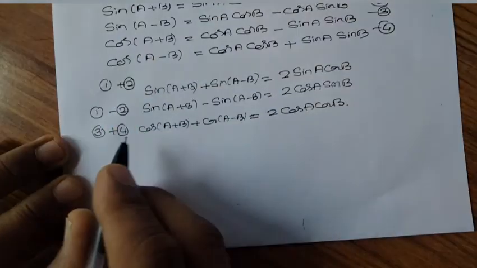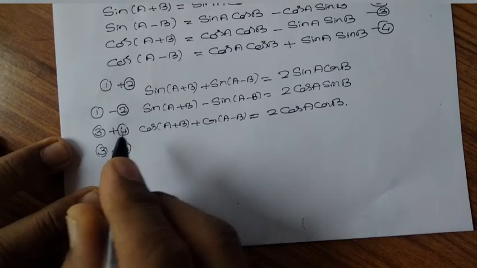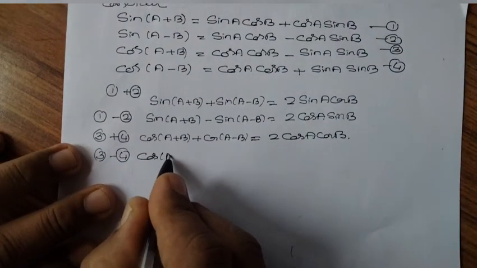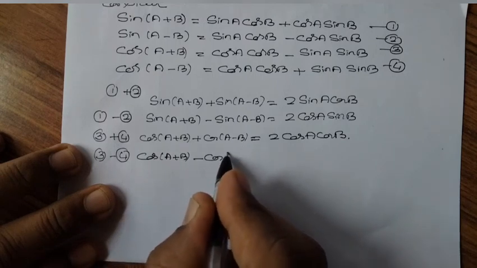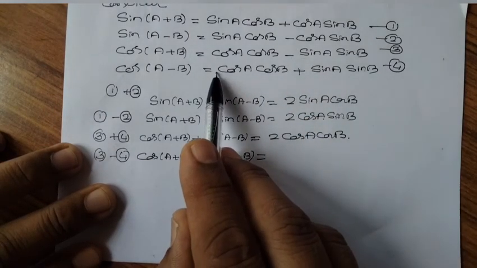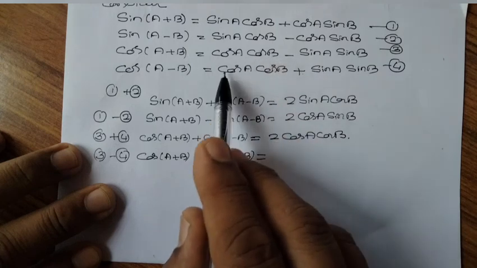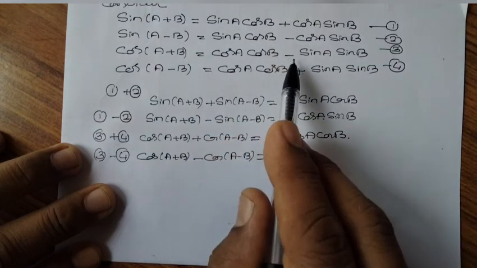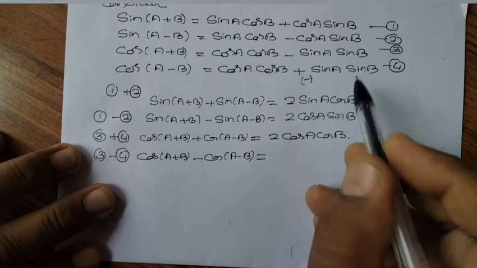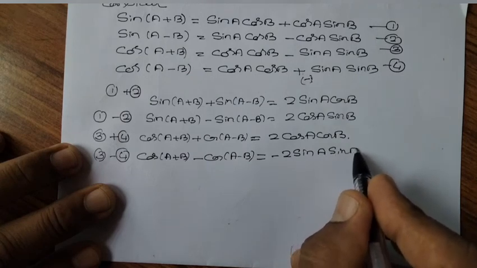Next, we subtract 4 from 3. LHS minus LHS: cos of a plus b minus cos of a minus b equals, while subtracting, this sign becomes minus and this becomes minus. So cos a cos b minus cos a cos b get cancelled. What we are left with is minus sin a sin b and minus sin a sin b, so we have minus 2 sin a sin b.